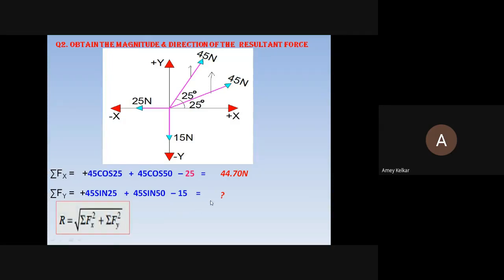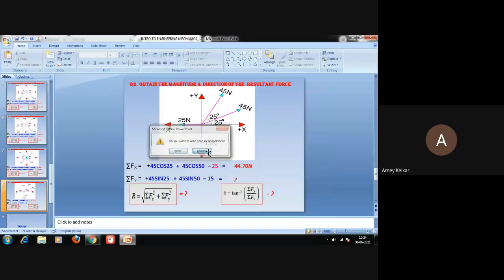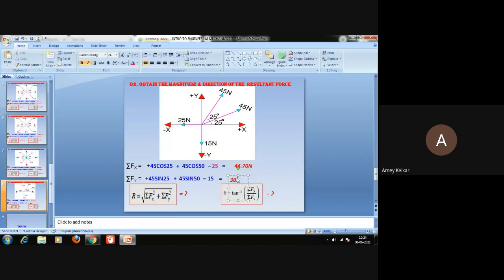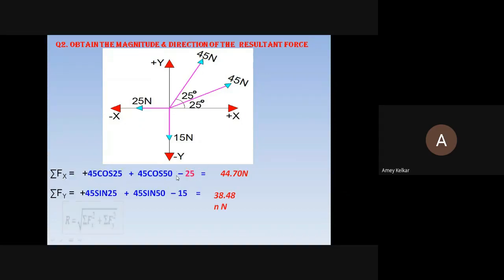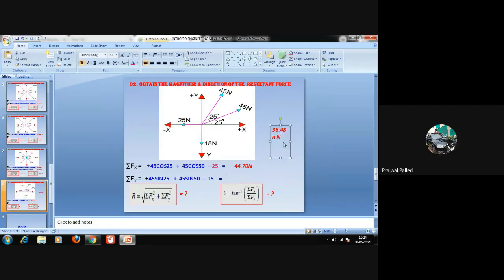So now find the resultant. Give me the resultant and the angle theta. 58.98, sir.